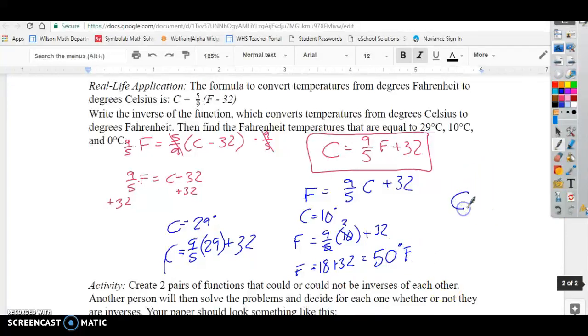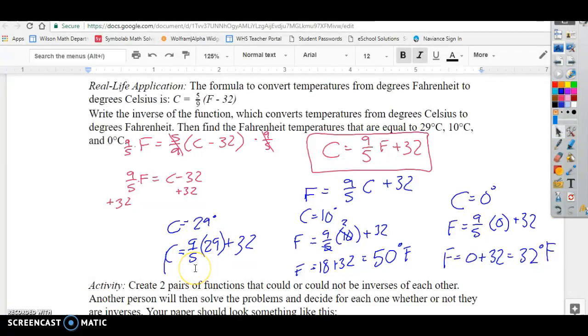And if I do C is equal to 0 degrees, 9/5 times the 0 plus 32. So that'll be 0 plus 32, which is 32 degrees Fahrenheit.